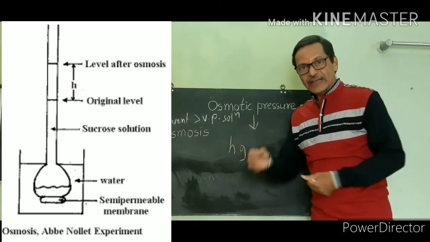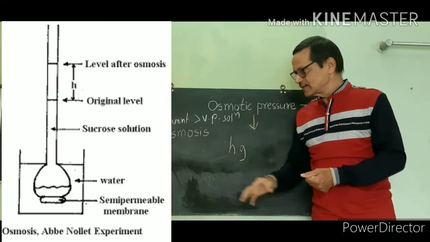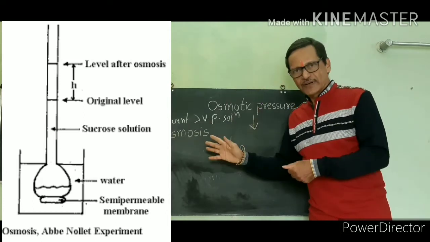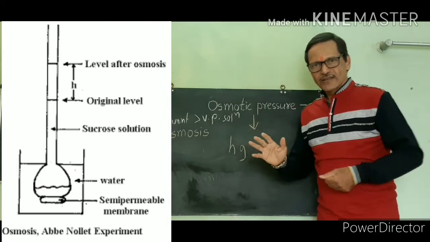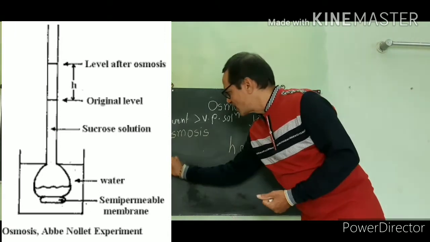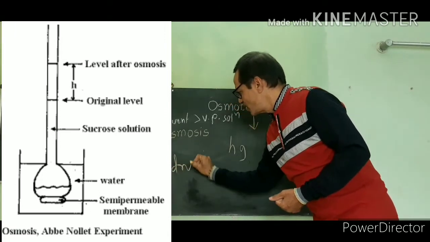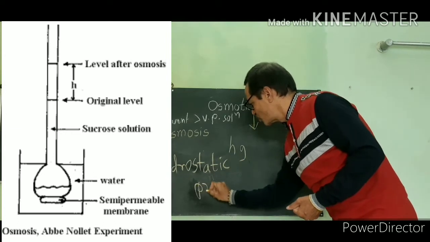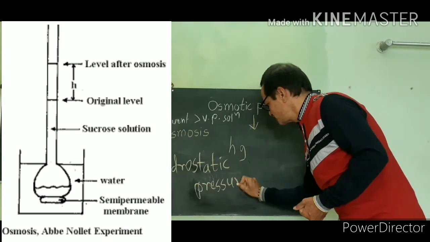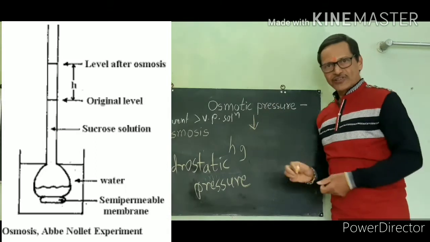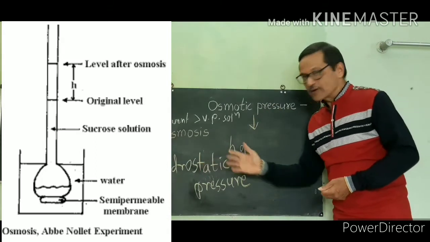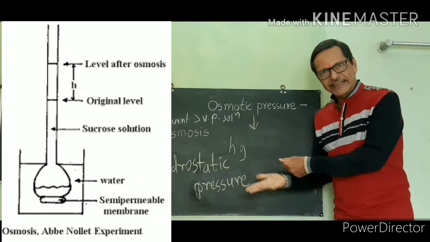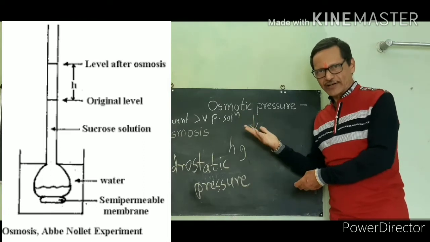The height of the sugar solution will increase, but at a particular point the increase stops, because hydrostatic pressure is produced on the solution side as the height increases.